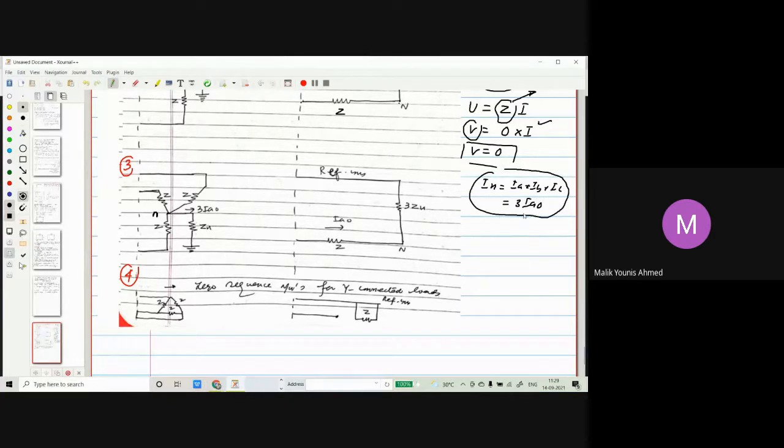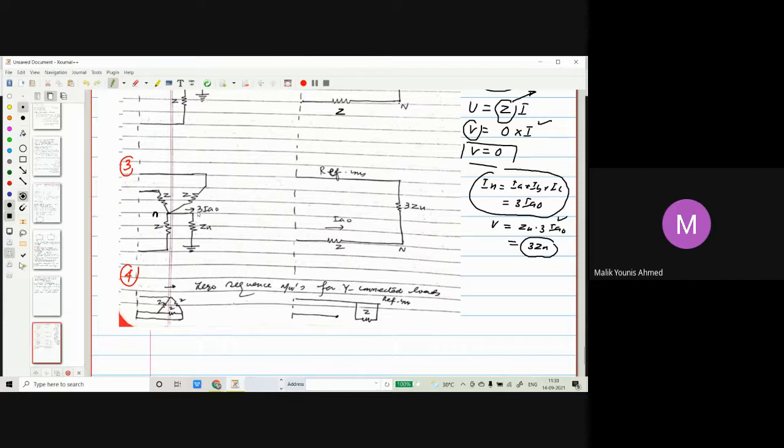When it will be 3 times the 0 sequence current, the voltage will become impedance into the current. So if we are talking about the voltage, that will be impedance Zn into this current. So then the total impedance has to be 3 Zn, because the current Ia naught is flowing. So 3 Zn must be placed from the neutral to the reference.